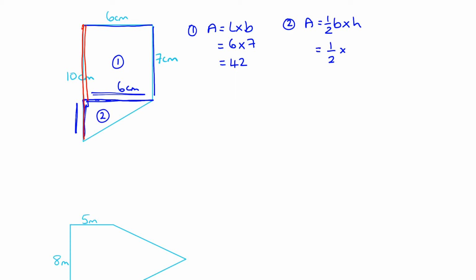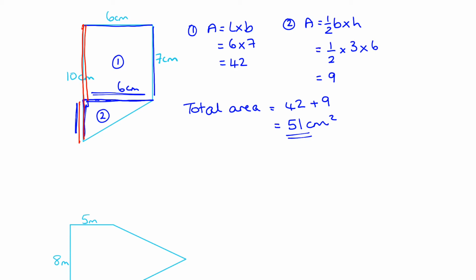That bit of it's 7, so this must be 3. So the numbers that we're using are 3 and 6 for the base times height. Okay, so this time let's do 3 times 6 is 18, and half that, which is 9. So the total area is 42, add 9, which is 51 square centimetres.